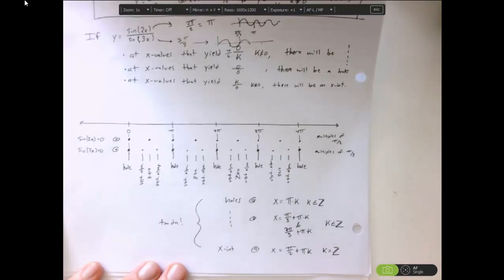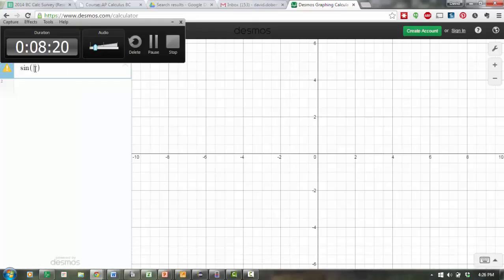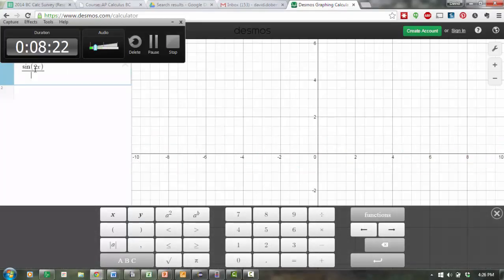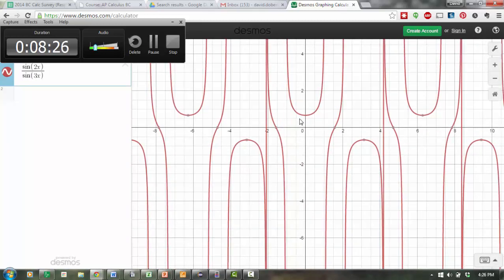All right, let's take a look at what the actual graph looks like so that we can be sure we like it. Sine 2x divided by sine 3x. And here you see I've got, well, what do I have here? So here at pi over 2, and at 3 pi over 2, and at 5 pi over 2, I've got my x-intercepts.